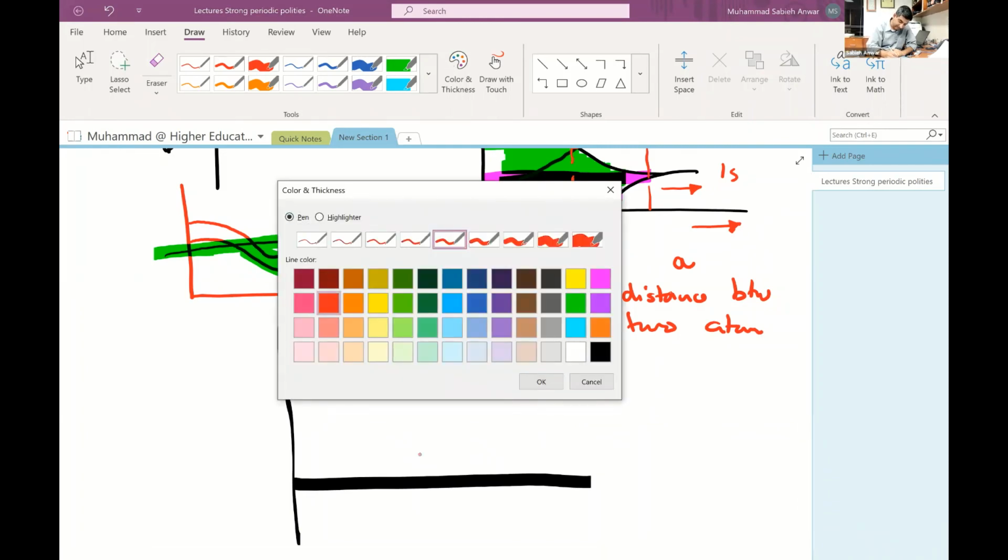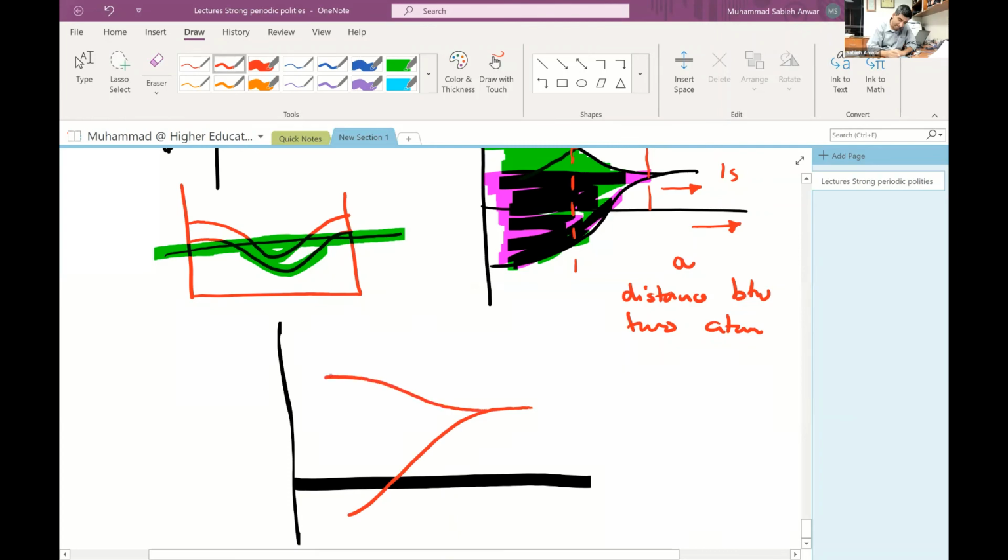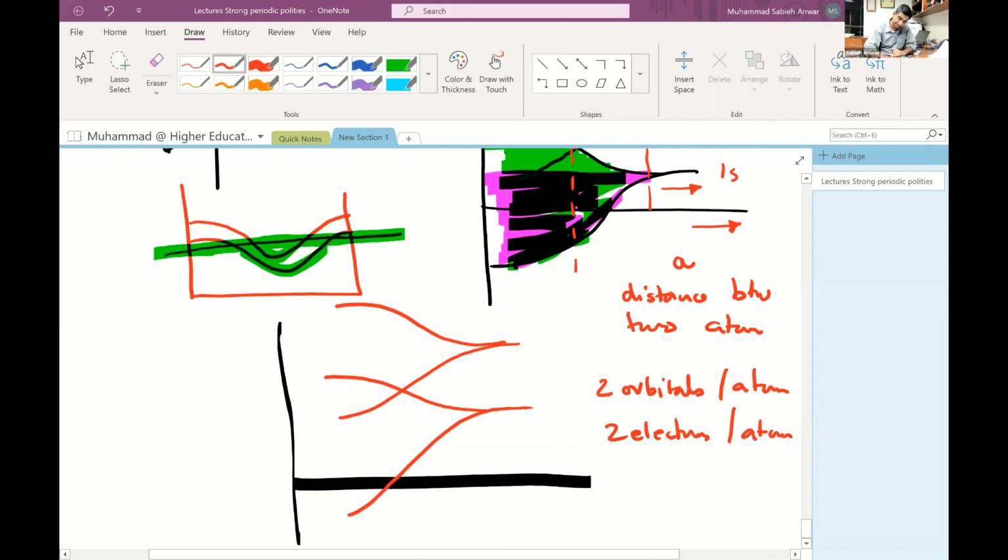The first band, second band. I have two orbitals per atom and two electrons per atom. Okay, and this is my spacing between the atoms.